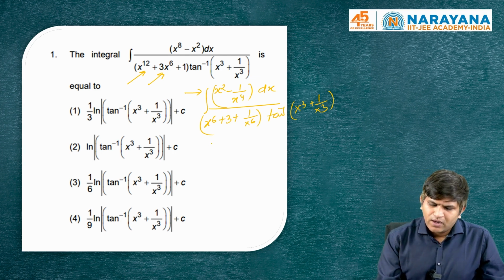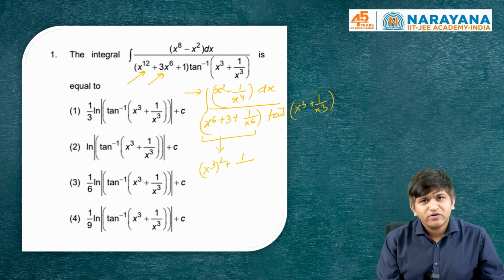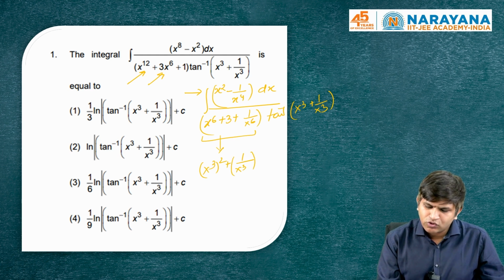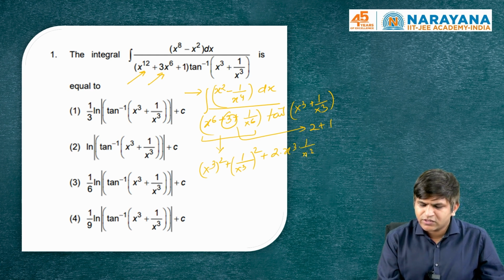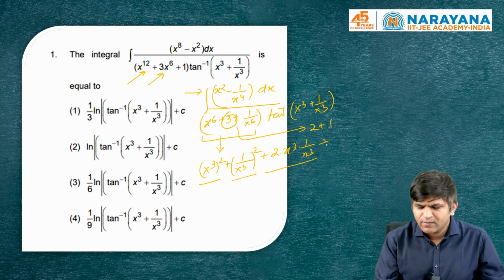Now we can write this as (x^3)^2 + (1/x^3)^2, where the 3 we write as 2 + 1, so 2 times x^3 times 1/x^3. Now we can see that this is a^2 + b^2 + 2ab + 1.